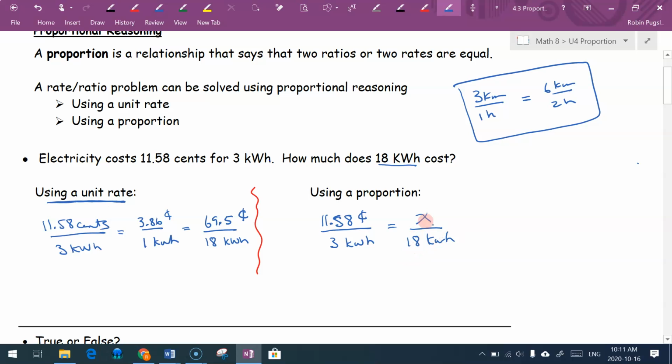I just put an X or an N or a variable in the one piece of the proportion I do not know. And I can just use my proportion solving. I can say, well, how am I getting from 3 to 18? Oh, I'm multiplying by 6. Whatever I do to the numerator, I do to the denominator. So I take my 11.58 and multiply by 6, and I get the same answer. All right, so that is our two options.